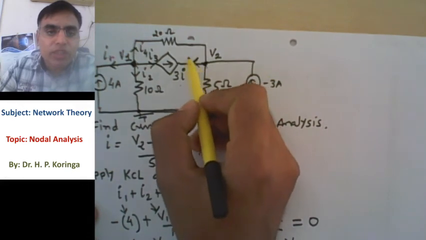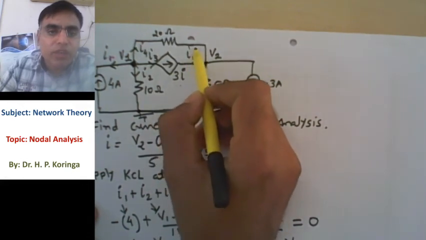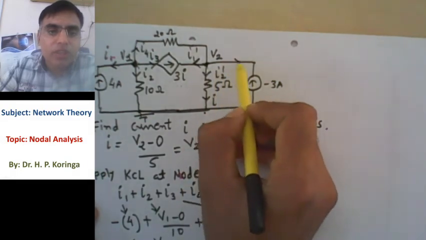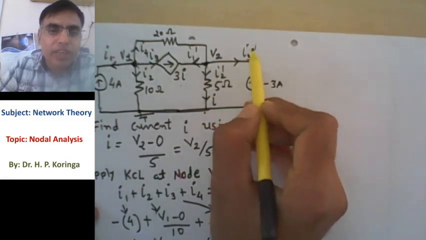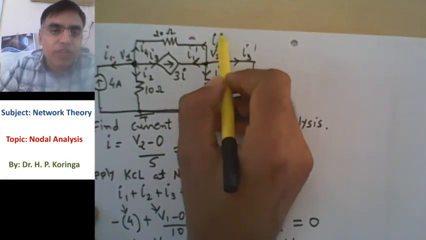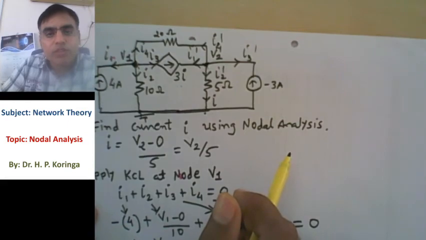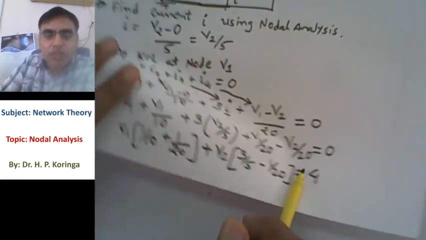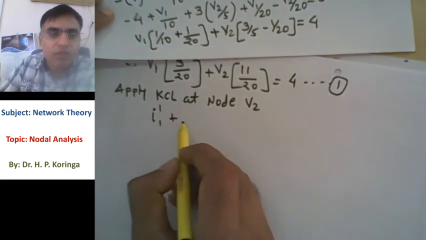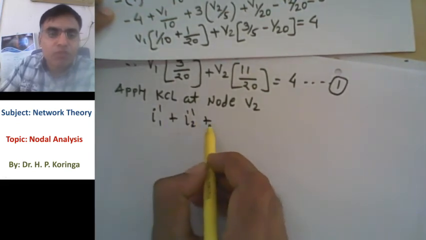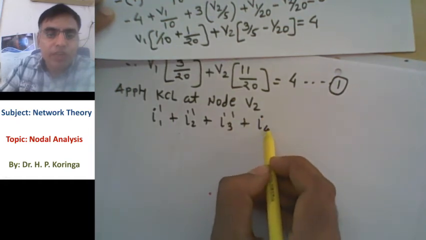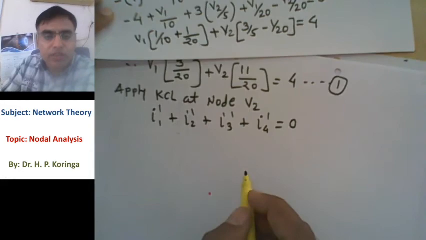Let's call these currents I1 dash, I2 dash, I3 dash and I4 dash. So I1 dash plus I2 dash plus I3 dash plus I4 dash is equal to 0. We have assumed all 4 branch currents in the outgoing direction.